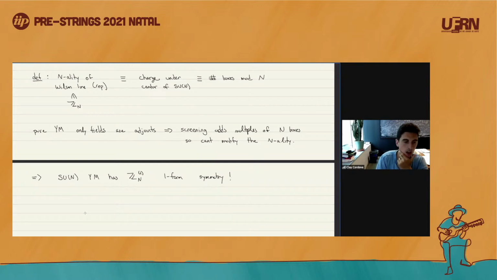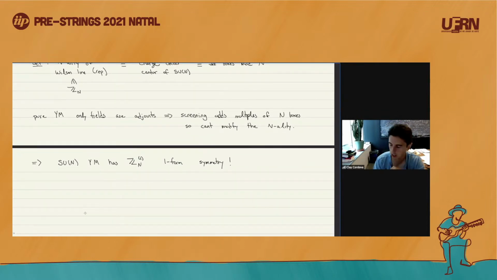I've told you above how it acts on lines, but let's say it again. Here we have some Wilson line, L, and here we have our U surrounding it. We're in 4 dimensions, say.